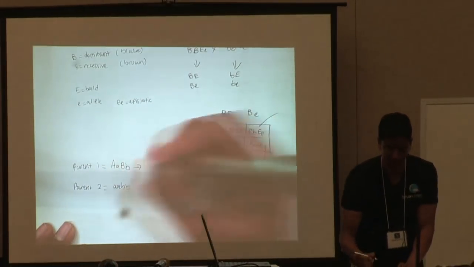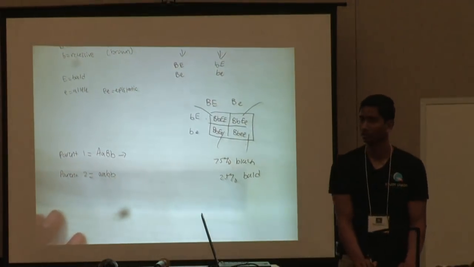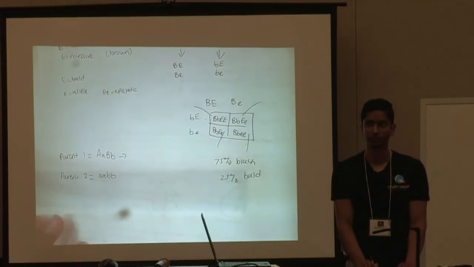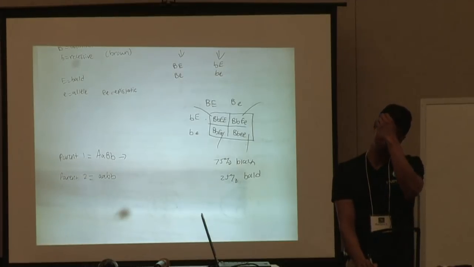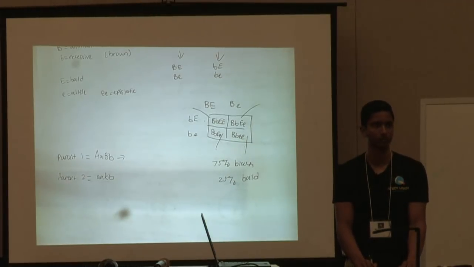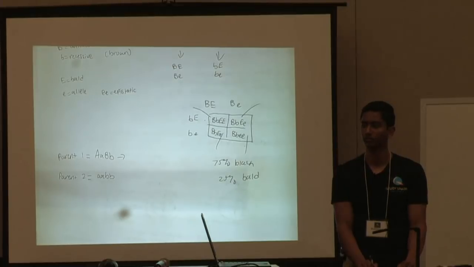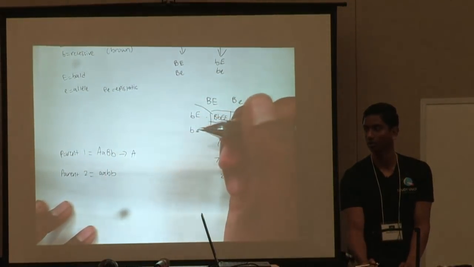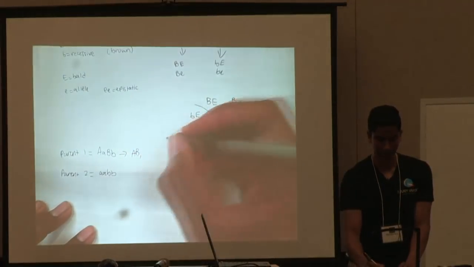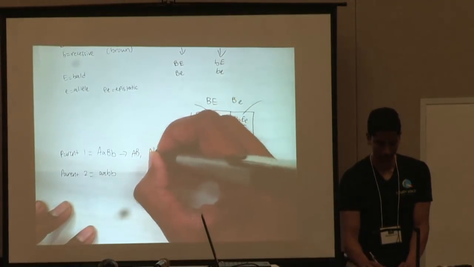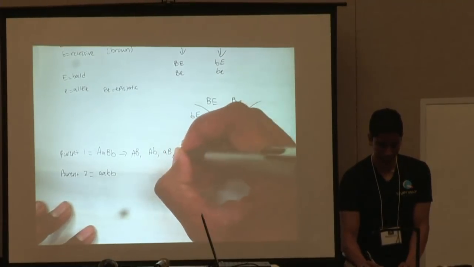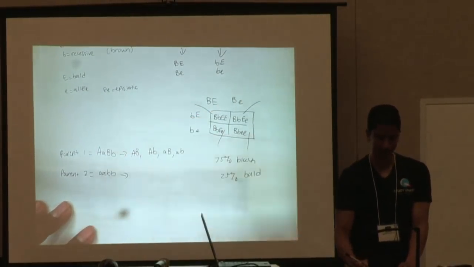So what are the possible gametes we can form from the first one? So big A, big B, what else? Nice. This one.